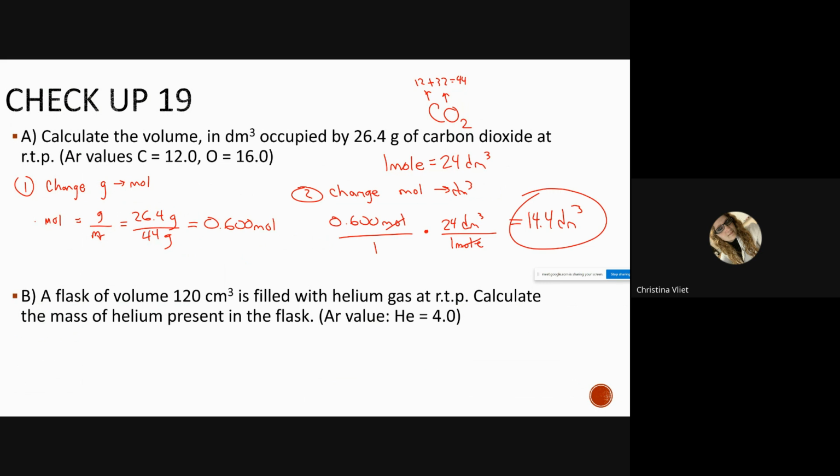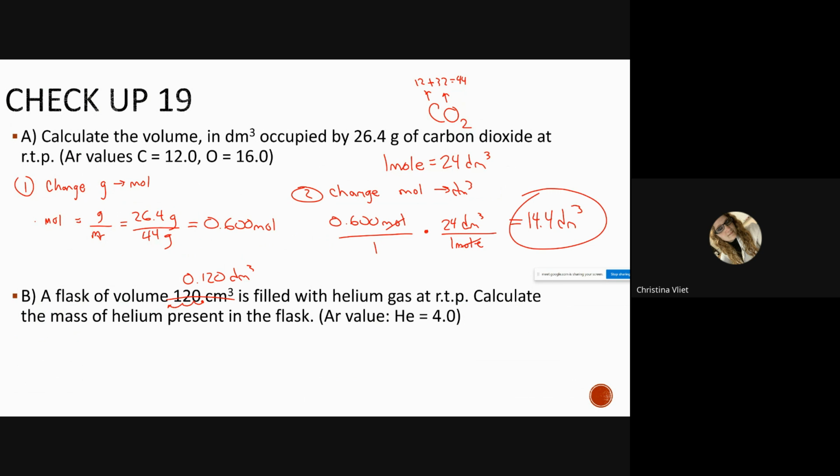Centimeters cubed, but the conversion is with decimeters cubed. Do we know how to solve that real quick? Divide by 1,000 or move the decimal over, which is my preferred method, but you can use either. 0.120 decimeters cubed. I usually just literally cross it out and write it in decimeters cubed.